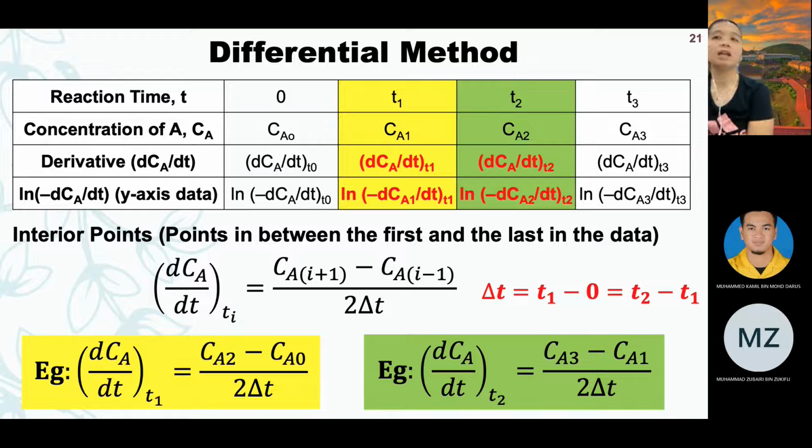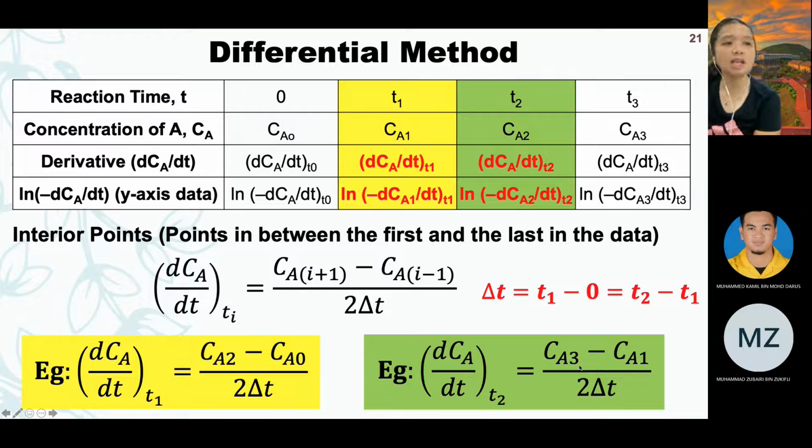Okay, now, let's go to the third point ataupun the third reading. Kita nak mencari dCA per dt dia. So, dia akan menjadi dCA per dt untuk T2 lah, kan? The third point. So, it becomes equal to, again, take the concentration after Ca3 minus concentration before Ca1.